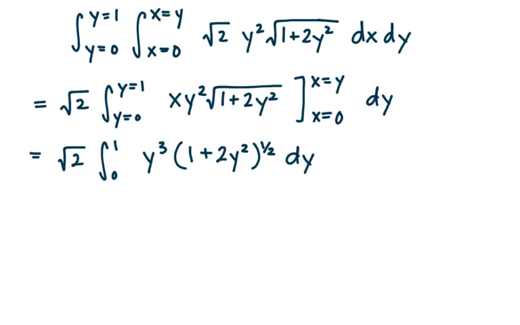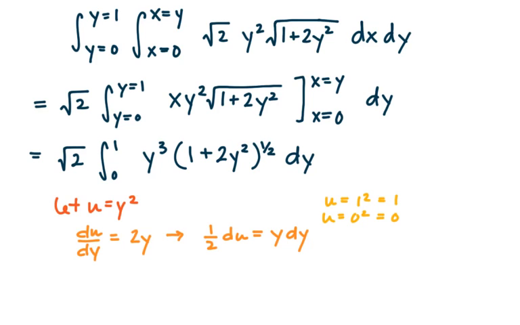Now, integrating this isn't too bad, but we do have to run through two substitutions, right? I can't let this just be u because I've got this multi-piece function in here. So what I'm going to do is let u equal y squared. So when I do this, I'm going to have 1 plus 2u to the 1/2.